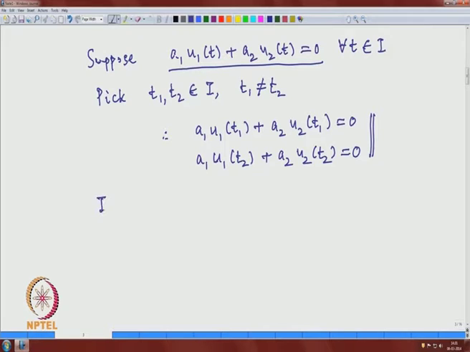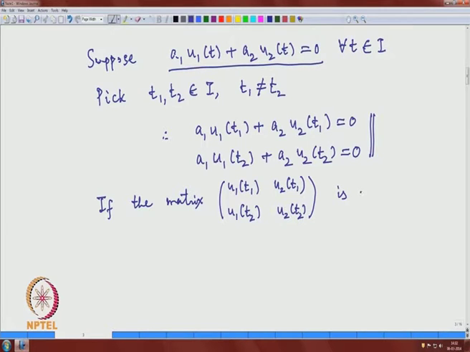So, here a sufficient condition: if the matrix u1(t1), u2(t1), u1(t2), u2(t2), the coefficient matrix, is non-singular, then it follows that, because these are two homogeneous equations and the determinant is non-zero, it has only the trivial solution a1 equal to a2 equal to 0.